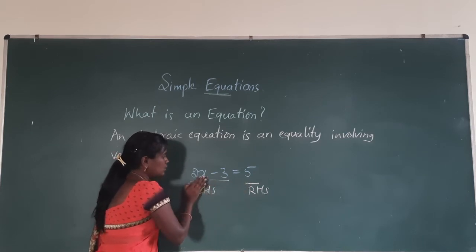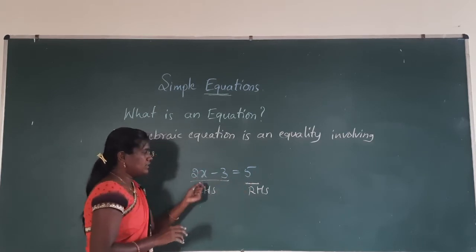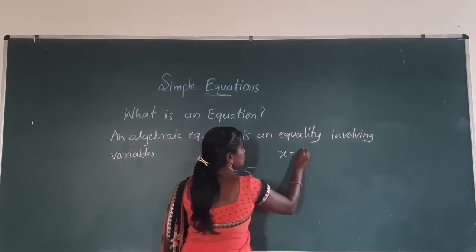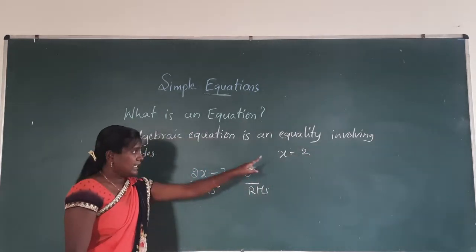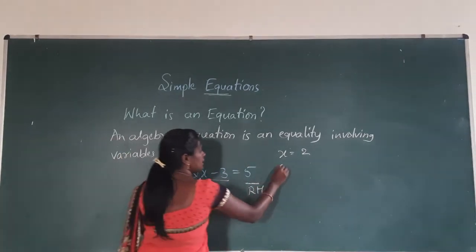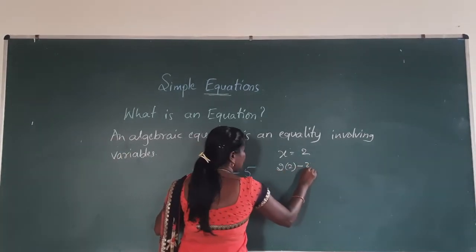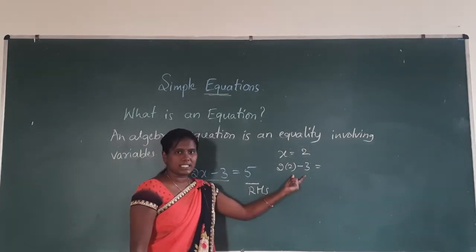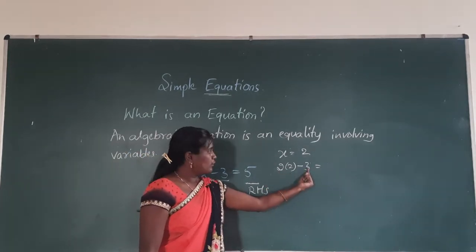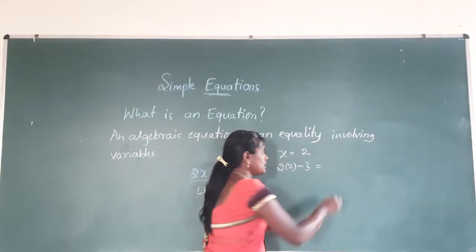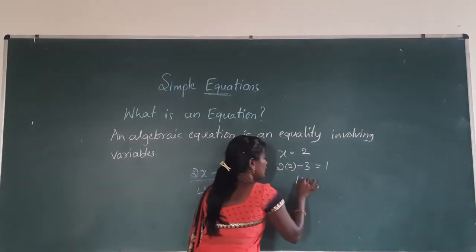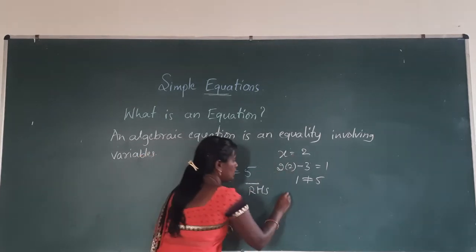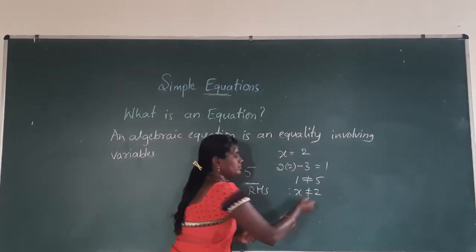Are you getting it? So, if I take some value for this 2x, I want to consider x as 2. Then 2 into 2 minus 3. Let me see the LHS first: 2 2s are 4, 4 minus 3 is 1, but 1 is not equal to 5, therefore x is not equal to 2.